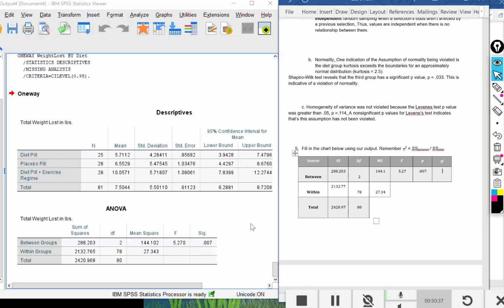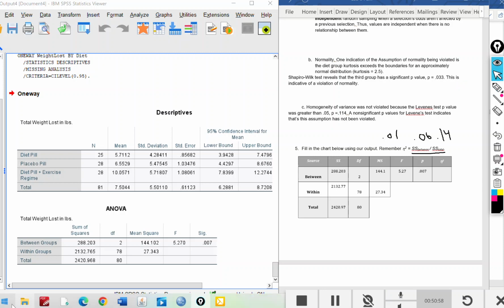And then remember to get eta. Eta is not really given here, but that's the effect size. And as we recall, it's going to be 0.01 for small, and then 0.06 for a medium, and then 0.14 for a large effect size. And what we'll do is take the between divided by the total to get that effect size.